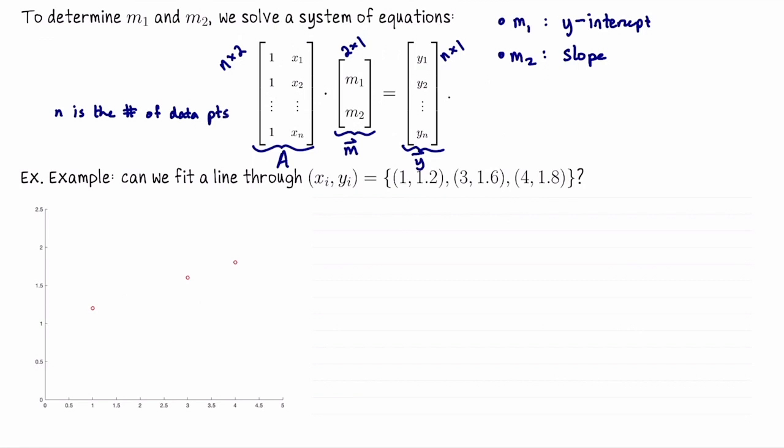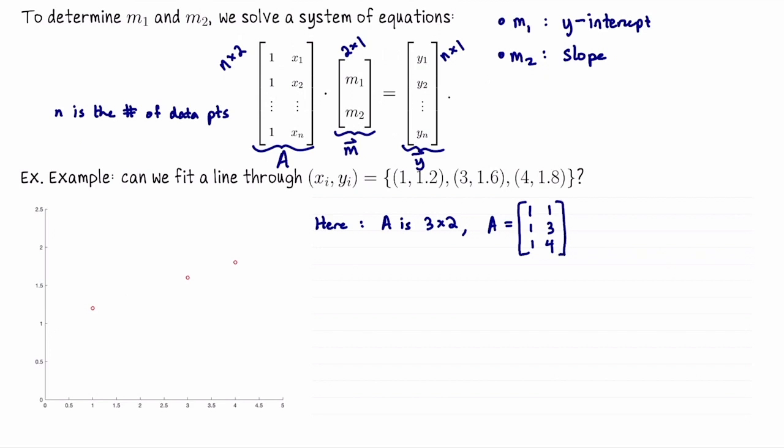All right, so in this problem, we have 3 data points. So A will be 3 by 2. In particular, A is going to be a matrix where the first column is 1, 1, 1. And the second column is x1, x2, x3. So if you look at the x coordinates of our data points, that's going to be 1, 3, 4.